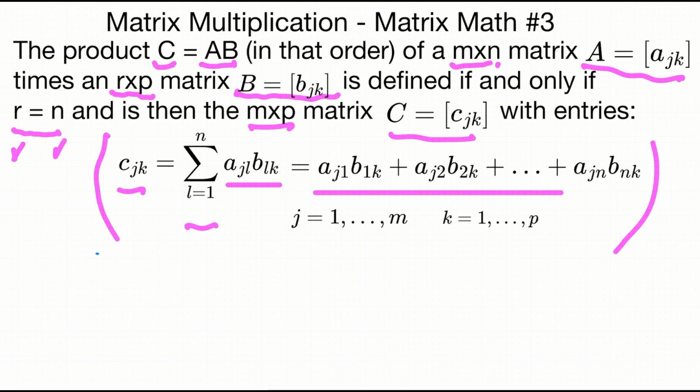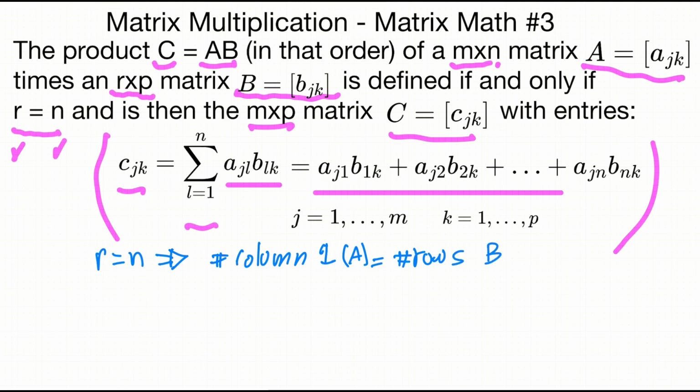Now this requirement that R is equal to N implies that the number of columns in matrix number 1, or the A matrix, must be equal to the number of rows in the B matrix. So that's what that requirement tells us.